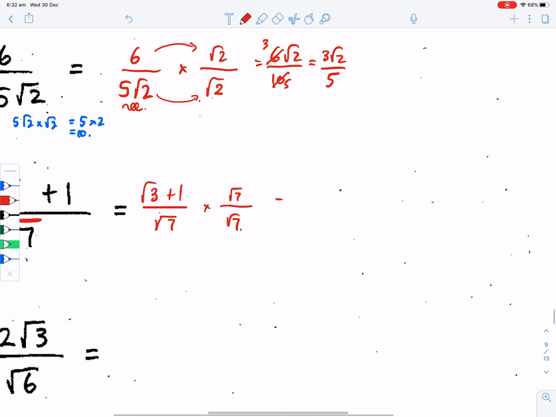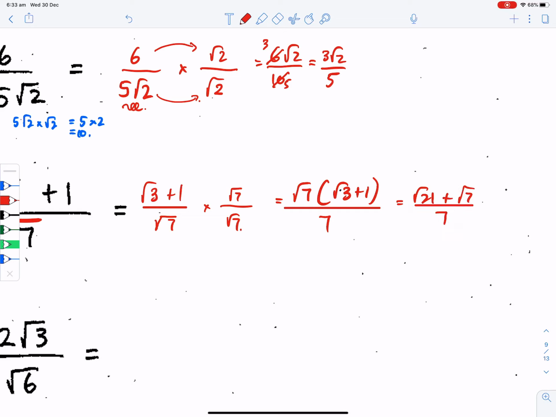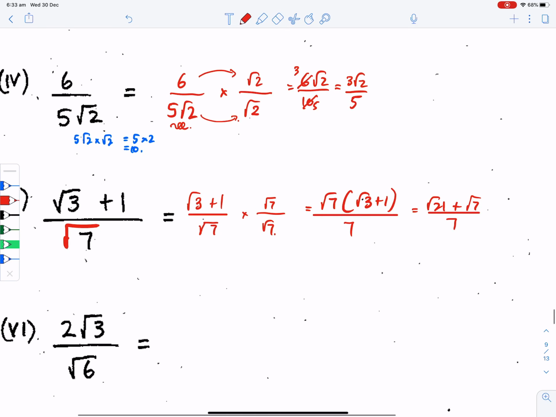Just be careful here with the expansion. So that's going to be root 7 times root 3 plus 1. And down the bottom, you're just going to end up with 7. I'd be tempted here to expand the top, because sometimes when you expand the top, you can simplify more. In this case, you couldn't, but that's fine.